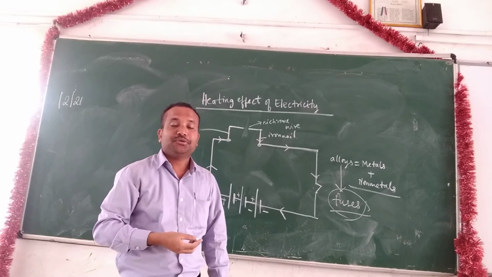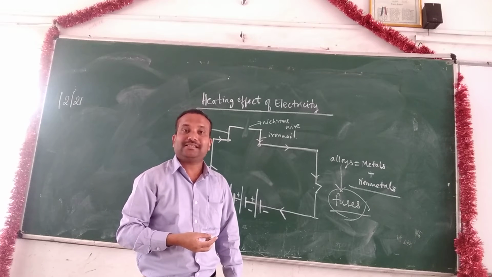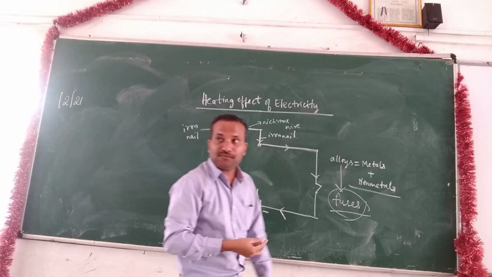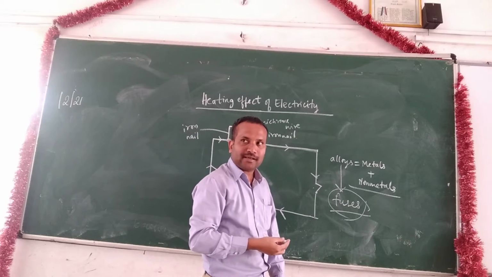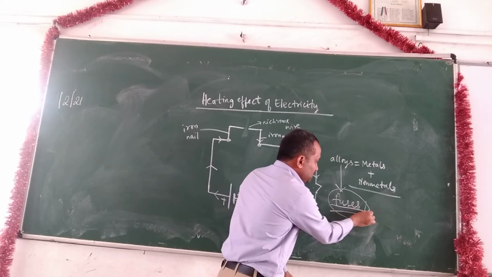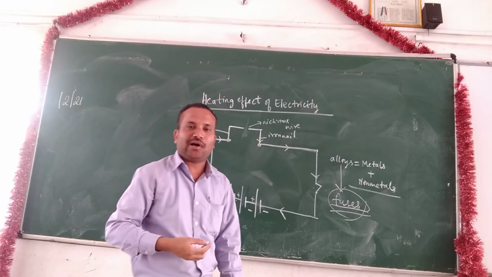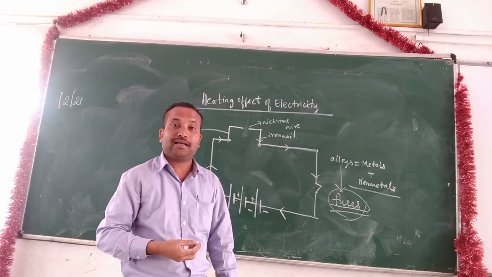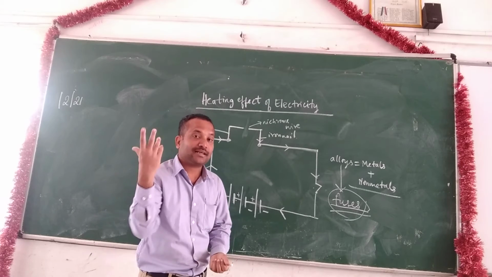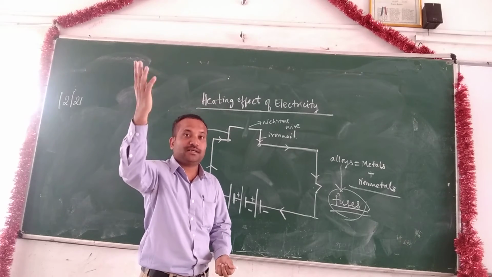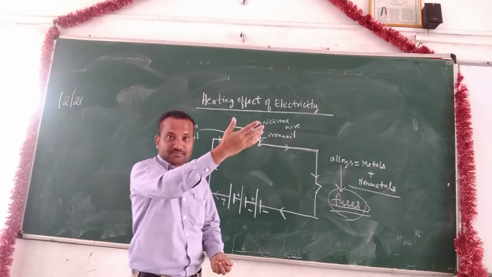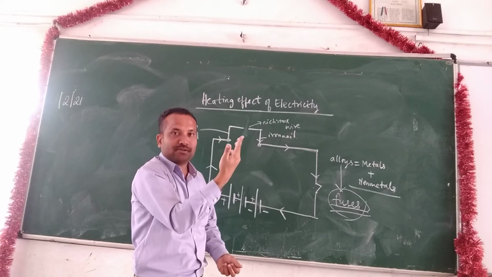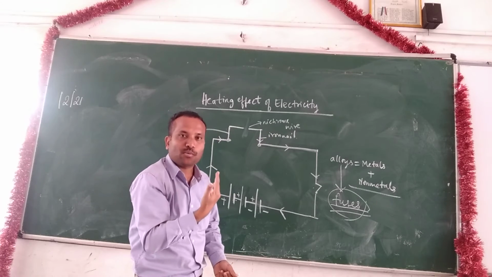These fuses, in the main board of our electricity board, are made out of alloys. They are fixed in our entrance electricity boards, where the current coming from the main electricity supply reaches our homes.